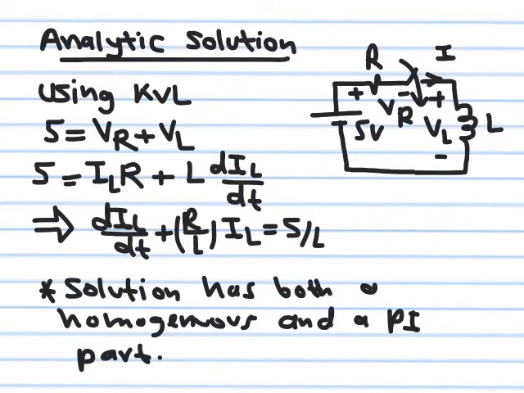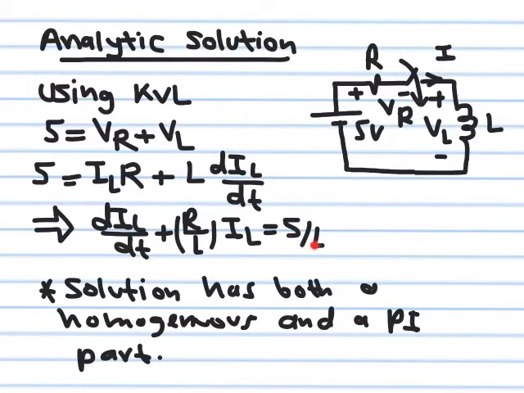This is the differential equation you have seen before in your calculus courses, and its solution will have a homogeneous solution and a particular integral solution. You obtain the homogeneous solution by making this term equal to 0. You obtain the particular integral solution by considering this term here, which is 5 over L. So what we did, we divided both sides by L and reorganized the equation.